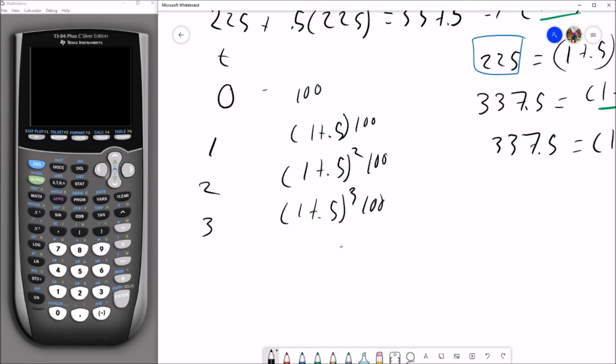Now, we can start introducing some variables. So y equals, so notice that we have 100, 100, 100, 100. So we can just call that the initial amount, right? Company B had 100 stores initially, so we'll just call that initial amount. We'll use a letter A. Now, we said company A was increasing by 50%.